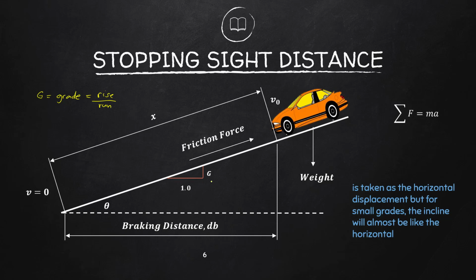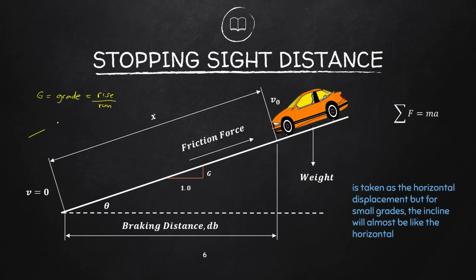So for this one, this is positive, or this is G, that is the rise. And we consider 1 to be your run so that the notation of G, or the ratio, is uniform. This is always 1 and this should be in terms of its grade.